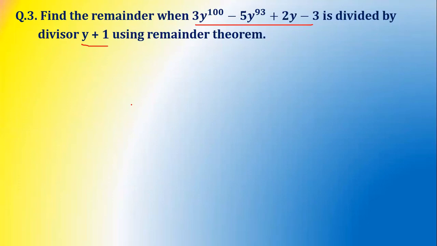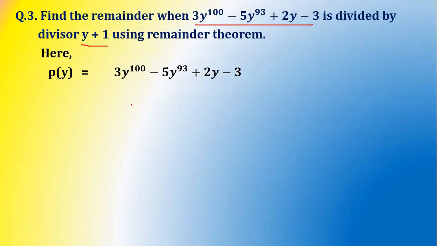This time, as we can see here, the polynomial is in variable y. So let us say here p(y) is this: 3y to the power 100 minus 5y to the power 93 plus 2y minus 3, and divisor d(y) equals y plus 1, which should be expressed in standard form. So y outside, minus, and within the bracket minus 1.